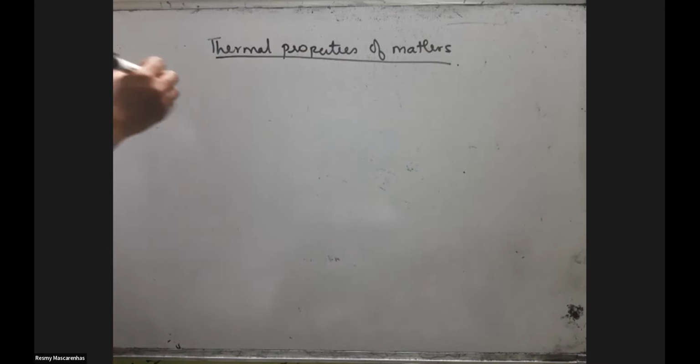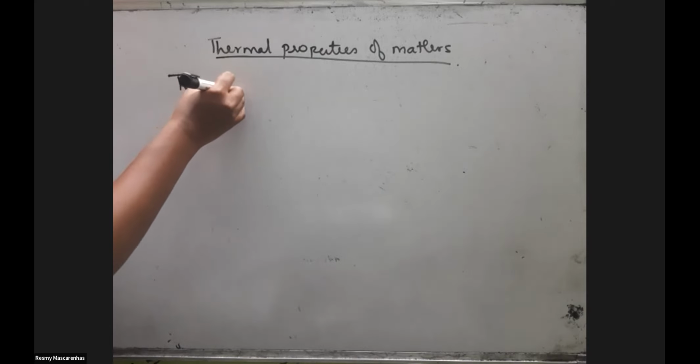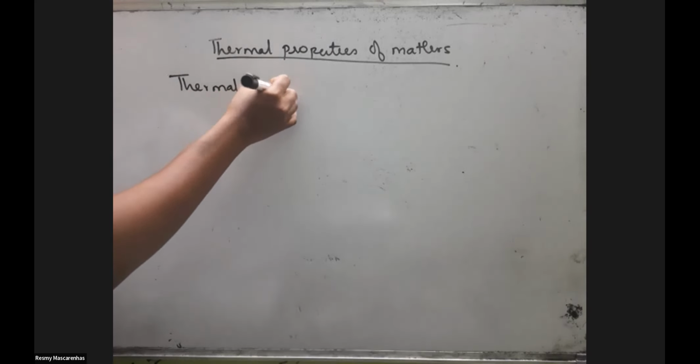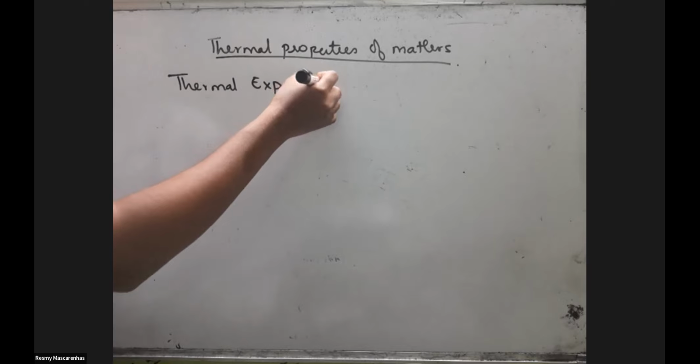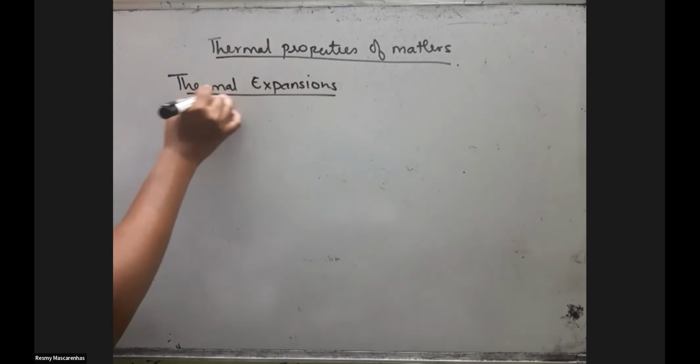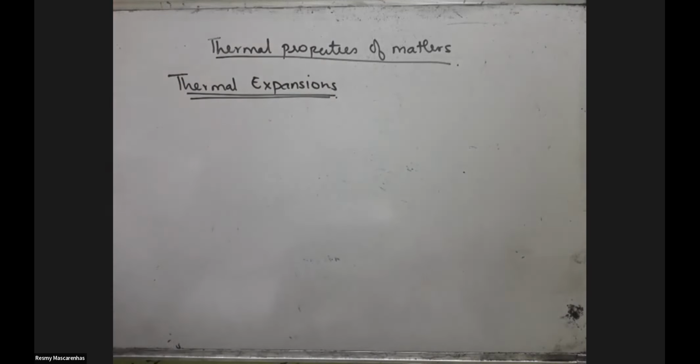So we had seen there's something called thermal expansion. It's nothing but, whenever any object is heated, meaning some heat is given to the object, there are chances that the object may expand.